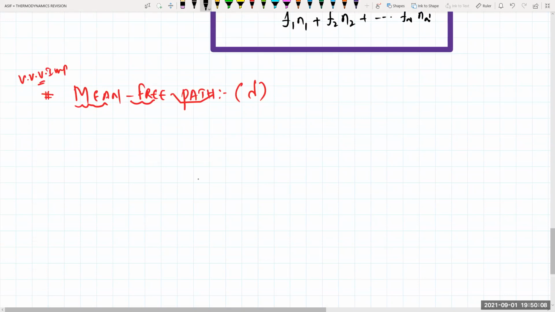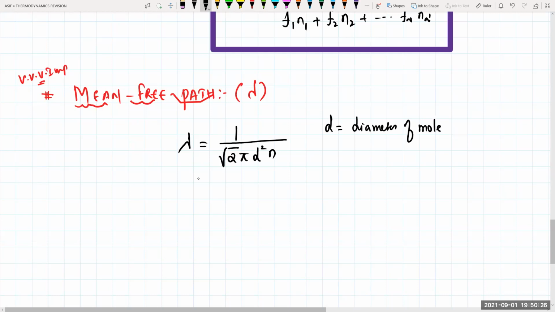The free path traveled by the molecules between any two collisions, and that is given by the formula lambda is equal to 1 by under root of 2 into pi into d square into n. The formula is very important. What is d here? D is the diameter of the molecules. And what is n here?